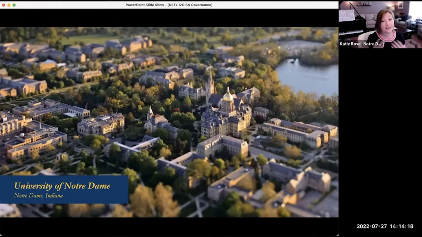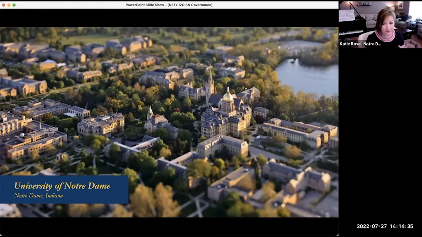And so that level of investment actually goes through the university's IT governance process to get the funding, the staffing, and the approvals, and make sure all of the right stakeholders are on board and ready to commit to make sure that we get the value out of that investment.